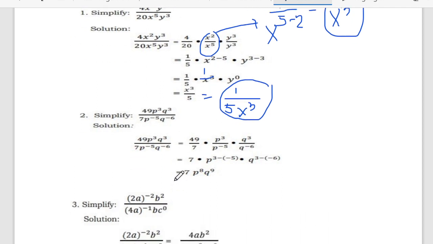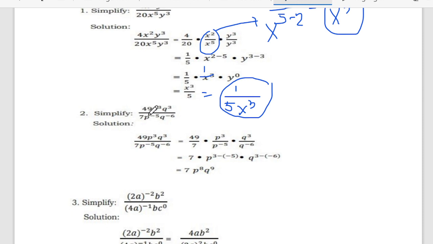Okay, number 2, separate natin ang 49 and 7. So 49 and 7, then p cubed over p raised to the negative 5, and then q raised to the 3rd power divided by q over negative 6. Okay, so 49 divided by 7 is 7.